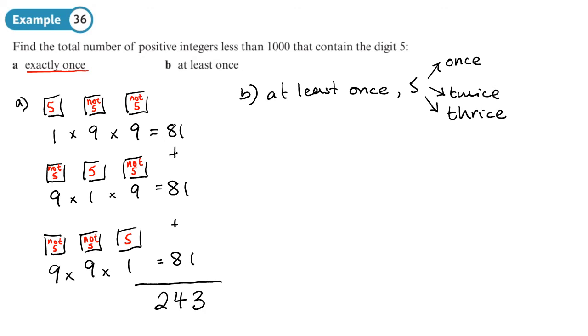Now once we already know, we've worked that out already, that's 243. So we just need to work out what these other values are, and then we'll add those on and work out the total.